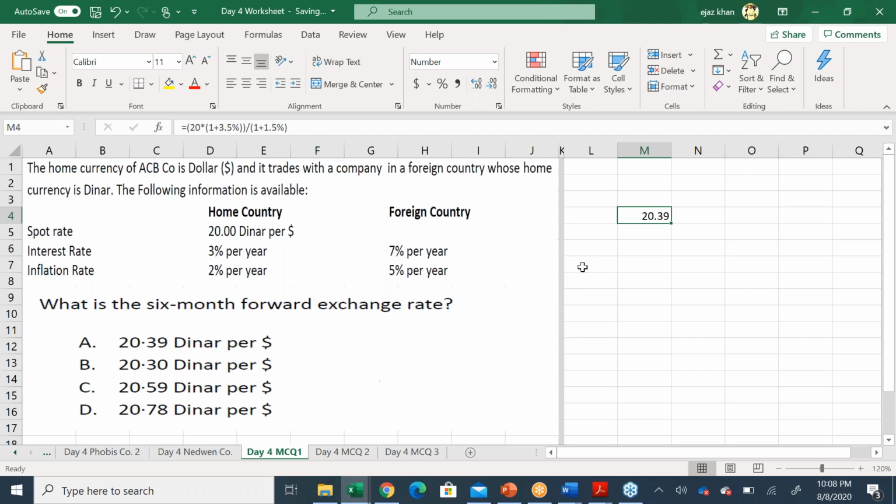A is the option. Jonathan has got the right answer. Nikmar also got the right answer.